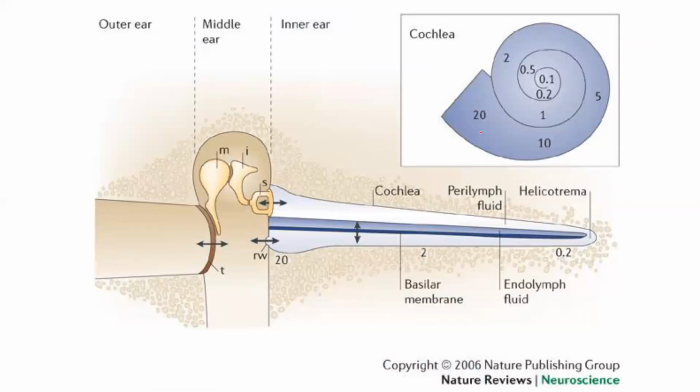So we have different frequencies, low frequencies, high frequencies right here. So different areas of the cochlear shell, the hair cells bend more easily here. Here the hair cells are stiffer and they don't bend as easily, and they detect high frequency if they bend.